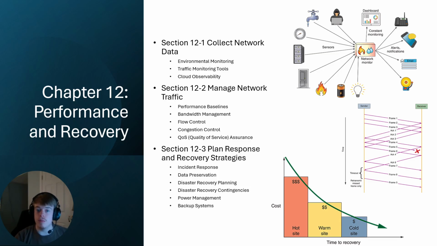Section 3 is about planning, response, and recovery strategies. Incident response plans are pretty standard. They focus on data preservation and disaster recovery planning, making sure that data is safe and operations can be restored quickly.